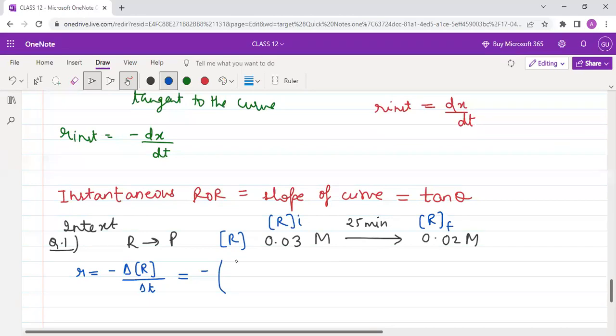So you can write minus of final concentration minus initial concentration divided by delta T. Now you can substitute the values and find out the answer. Tell me the final answer in mole per liter per second. So you convert this time into seconds.